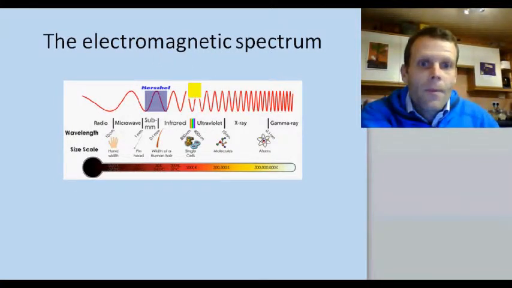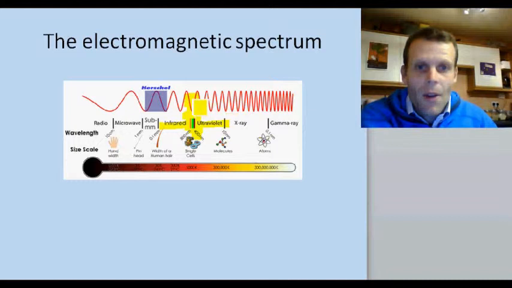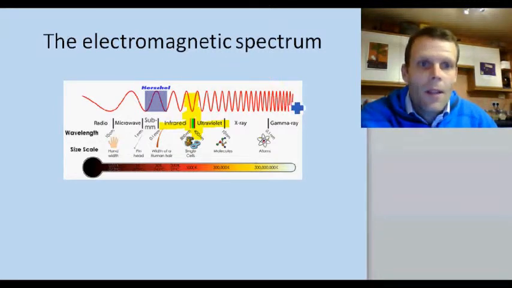So this is our electromagnetic spectrum, and in the visible region you can see we've got red, orange, yellow, green, blue, indigo, violet. On the other side we've got infrared past the red, and below the violet we've got ultraviolet. You can have a look around at this yourself, but as we move through the electromagnetic spectrum, this is going to correspond to a high frequency.